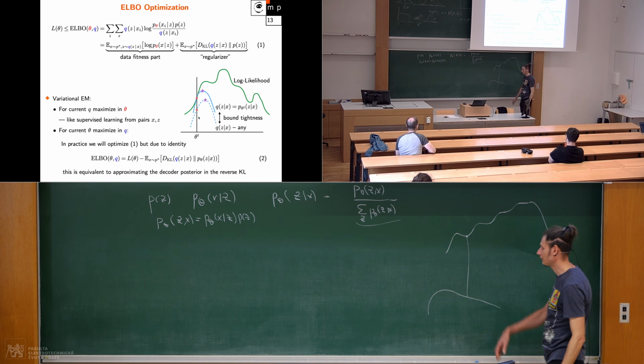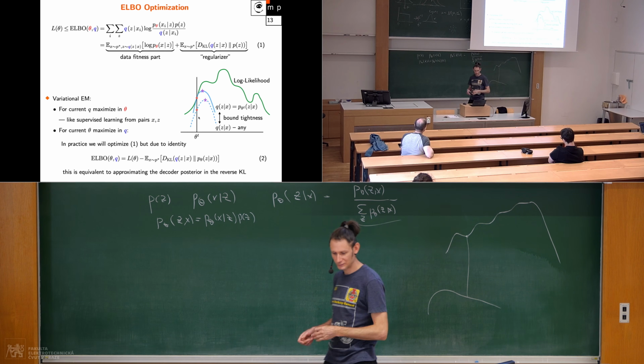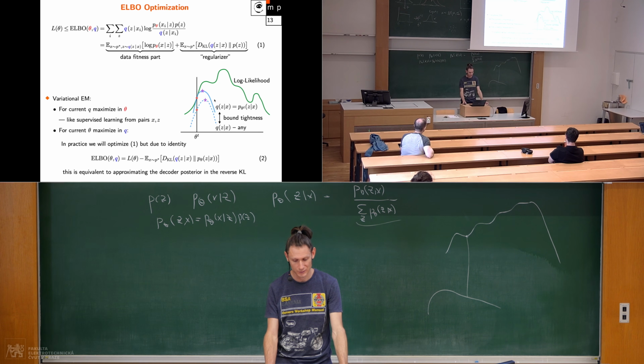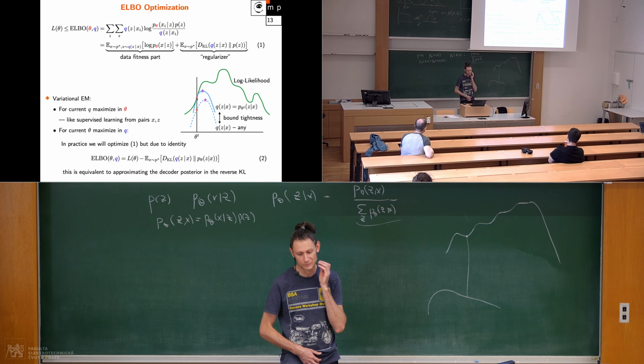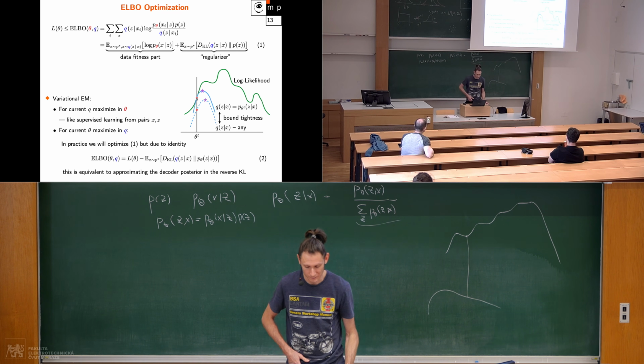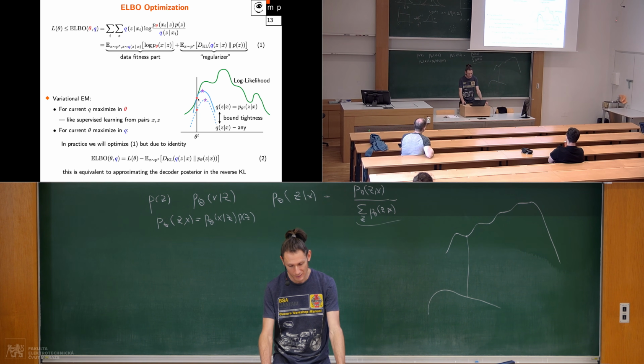So this is a lower bound as well, right? That's not good. So we want this lower bound to be as tight as possible, and the tightest lower bound is given when this Q distribution is the true posterior. And then it touches the likelihood, there is equality right here. And the derivatives coincide, so this could also be verified. So up to the first order, it is an approximation of the true likelihood, and at the same time, it is a lower bound on the likelihood.